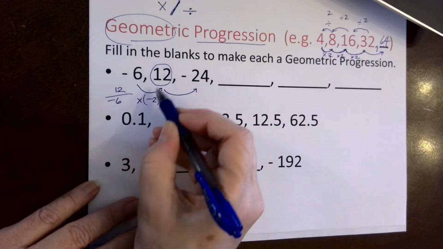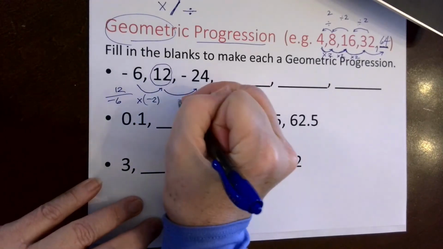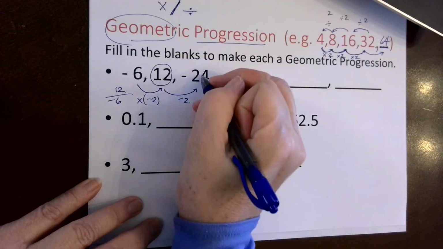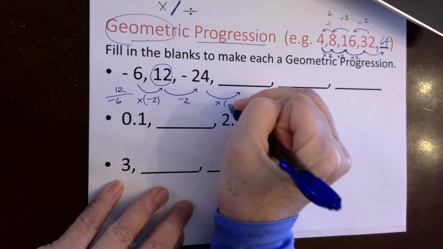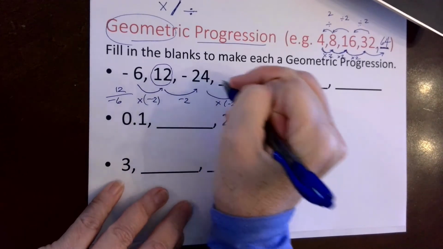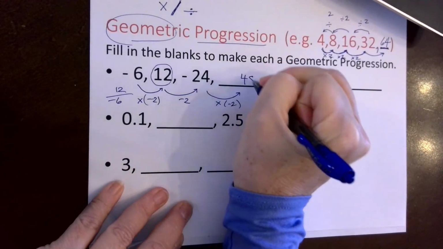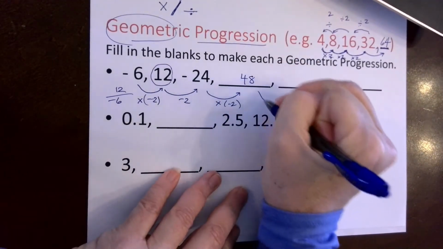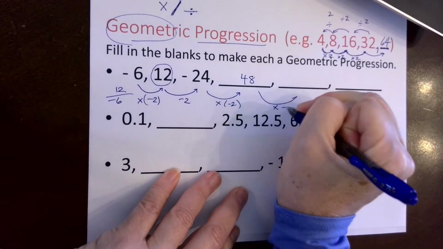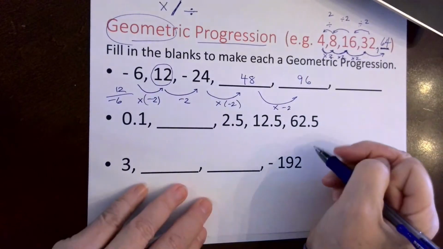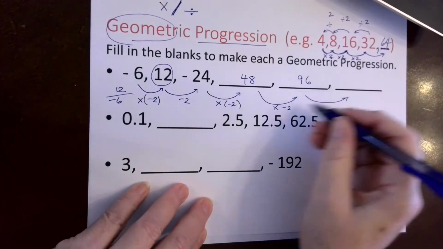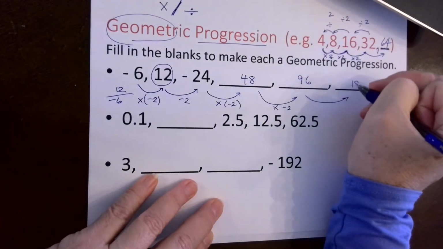-6 times -2, yep. 12 times -2, yep, -24. So here we're going to multiply by -2. -24 times -2. Positive 48 times -2. And so on. I can do that one. 96 times -2.